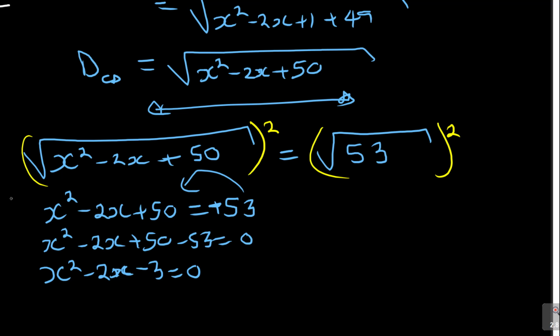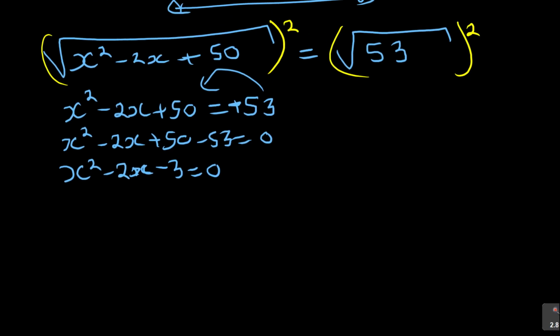You see that? Then at this stage, it's similar to what we did in the other one, but a little bit different. If you know how to use the quadratic equation, remember I told you it will be 1, then you've got ax squared plus bx plus c equal to 0.